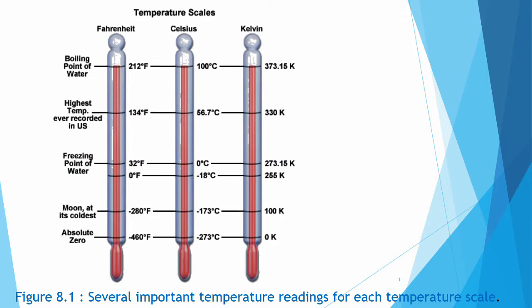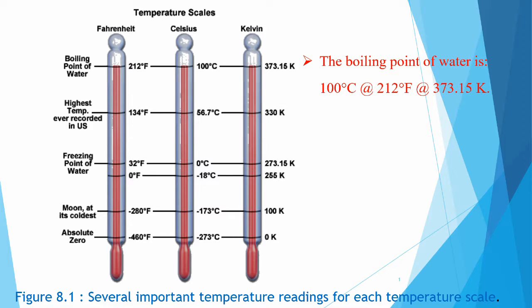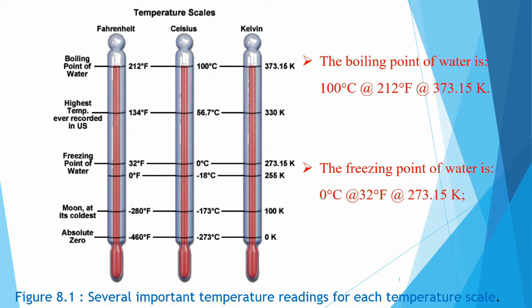Example: the boiling point of water is 100 degrees Celsius, which equals 212 degrees Fahrenheit, or 373.15 Kelvin. The freezing point of water is 0 degrees Celsius, which equals 32 degrees Fahrenheit, or 273.15 Kelvin.